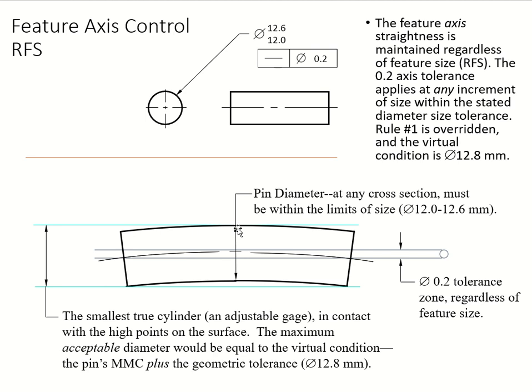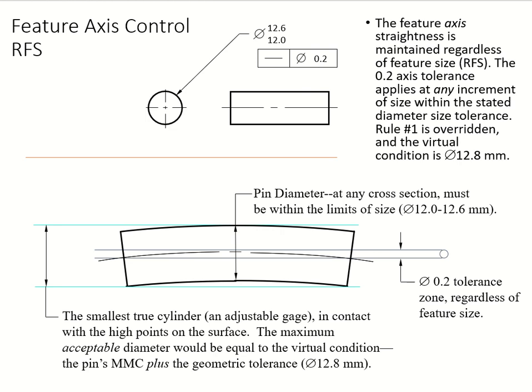You can see there's a little arrow right there showing you 12.6, showing you these blue zones. So we have 2 zones, this and then this little zone right in there, which is encompassing the axis of that cylinder pin. So max diameter is 12.8, including this tolerance. Okay, this is what we're talking about, because you have to consider both of them at the same time. Therefore you add them up for max.